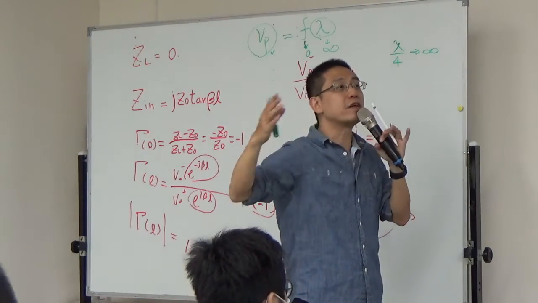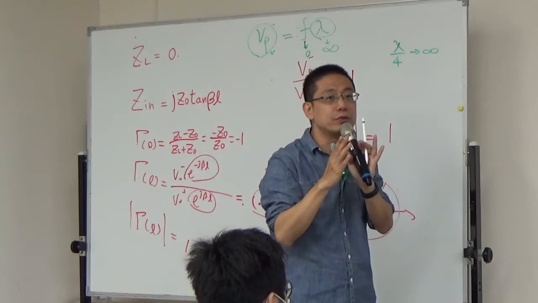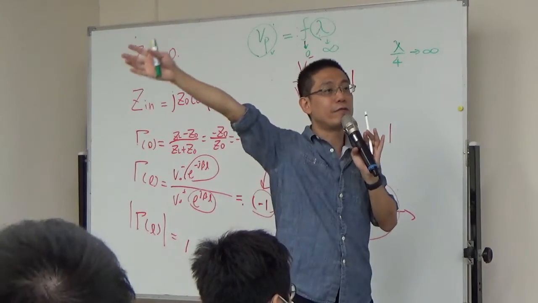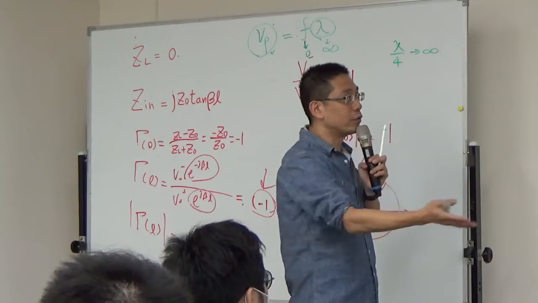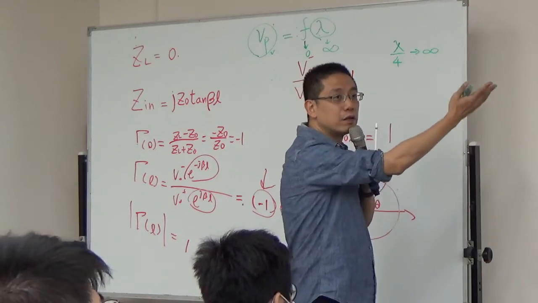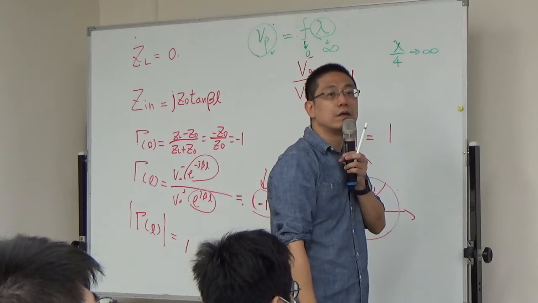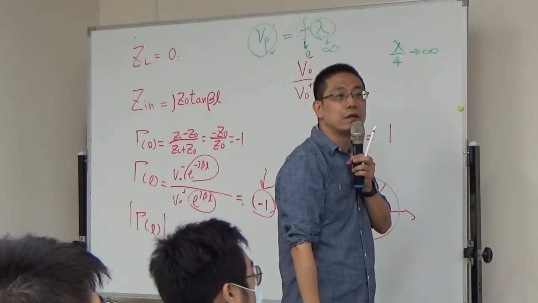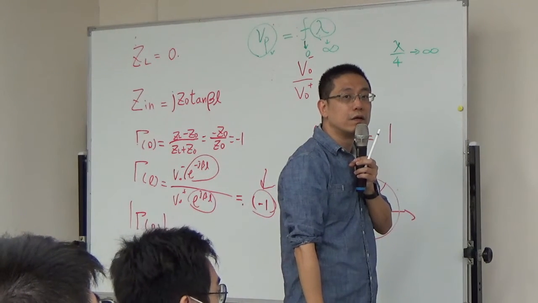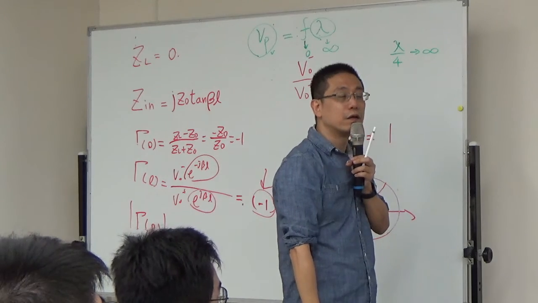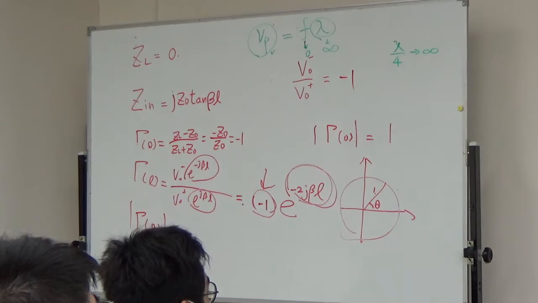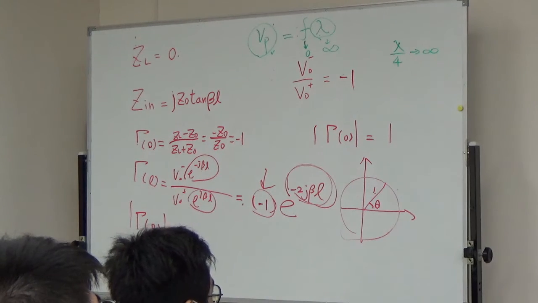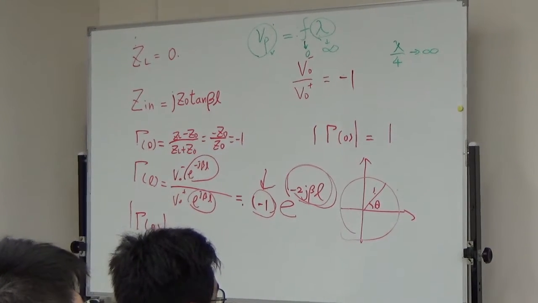Every physical length compared to the huge wavelength is 0, so you don't see this one. Okay, so this is a special case if you connect to a short load.